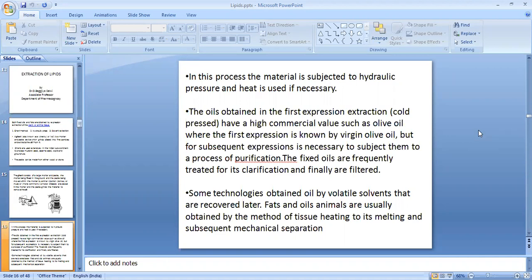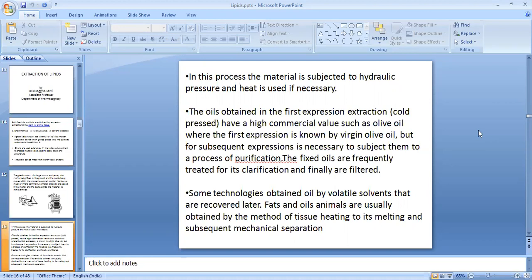We can say that virgin oil, the cold pressed oil, will have the more commercial value, and that can be called as a virgin oil. And the subsequent expressions by increasing little more higher pressure and higher temperature are of less commercial value, which can be used for the industrial purposes, and further they can be purified by treating with some clarification agents or filtration and so on.